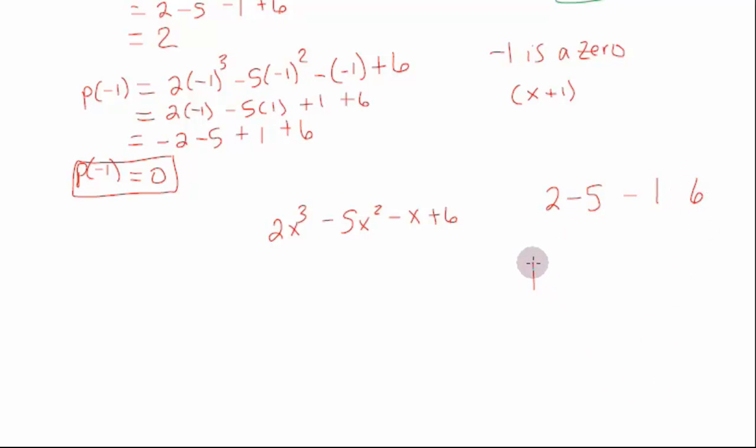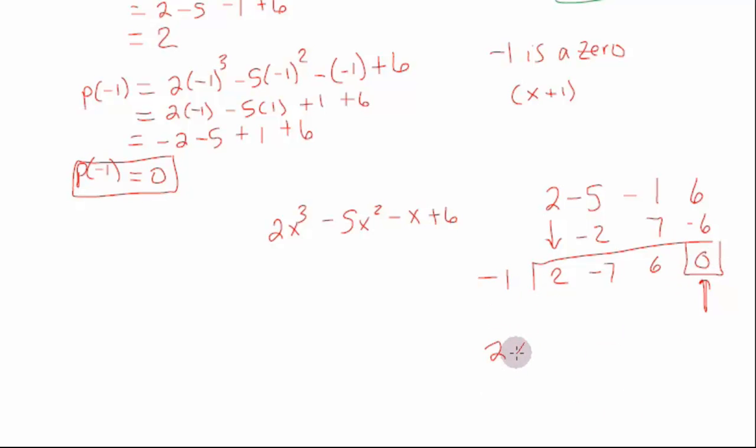All right, and the 0, remember it's whatever the 0 is go out front. Negative 1 is the 0. Okay, then it goes like this. Drop the 2, multiply. Add down, multiply. Add down. I gotta add correctly. Multiply. 6 minus 6 is 0. You should get 0 at the end there. Okay? You have to because negative 1 is a 0. And so that remainder should be 0. It should come out evenly.